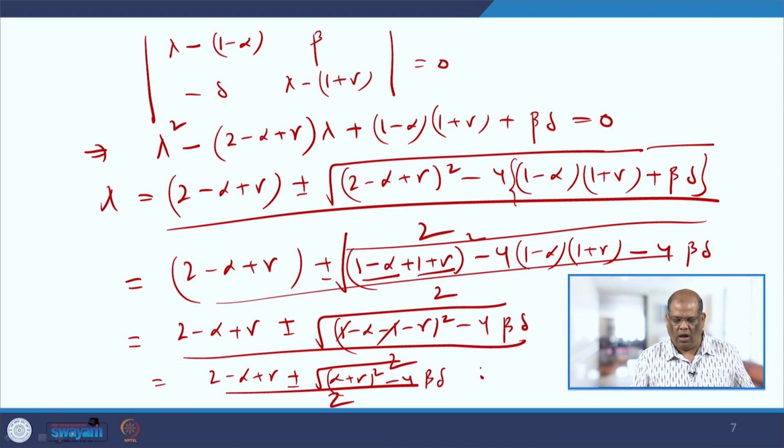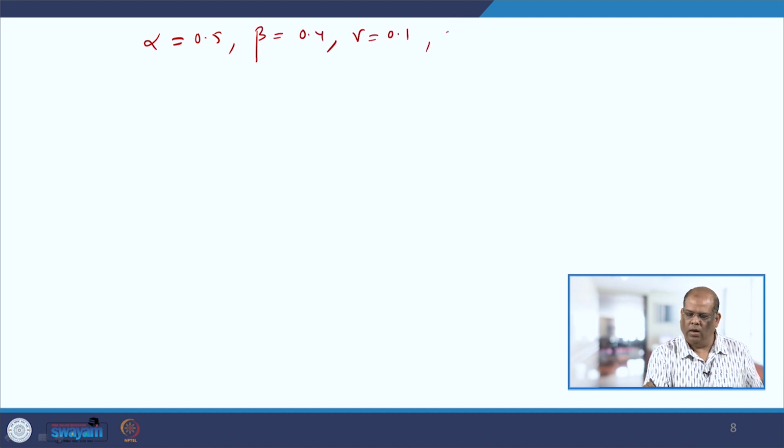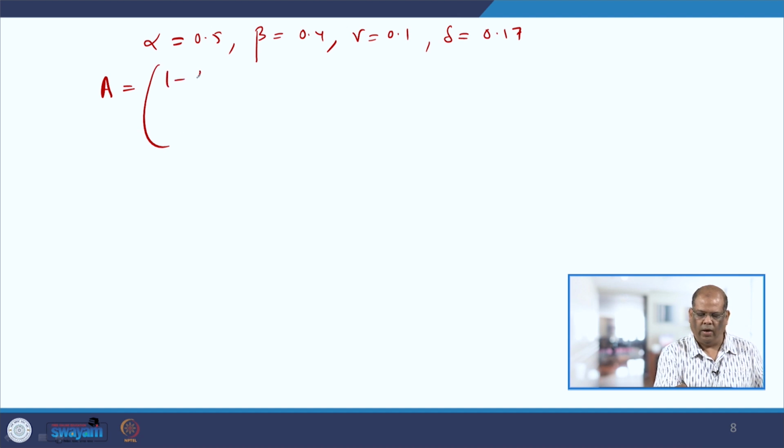Let us now see how this will behave if you take the numerical values of the parameters. So, if you put alpha equal to 0.5, beta equal to 0.4, gamma equal to 0.1 and delta equal to 0.17, your coefficient matrix or Jacobian matrix is this.